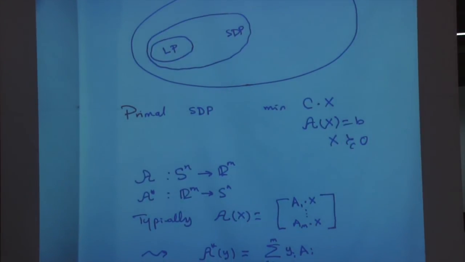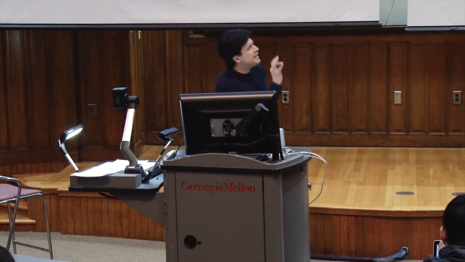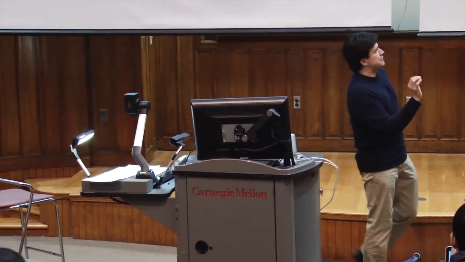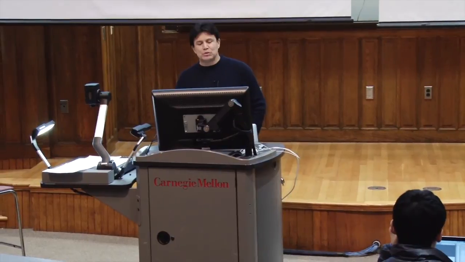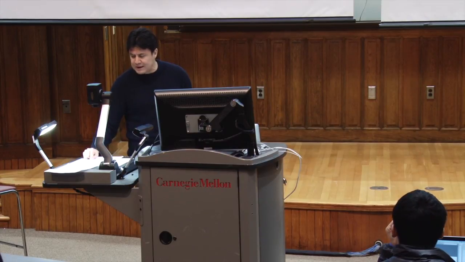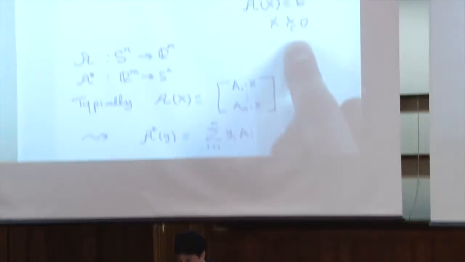So when does strong duality hold? This is something that has come up in the class in previous times. If we assume a certain kind of regularity condition, that both the primal and dual problems are strictly feasible, strictly feasible would mean that you have a feasible solution where X is positive definite.